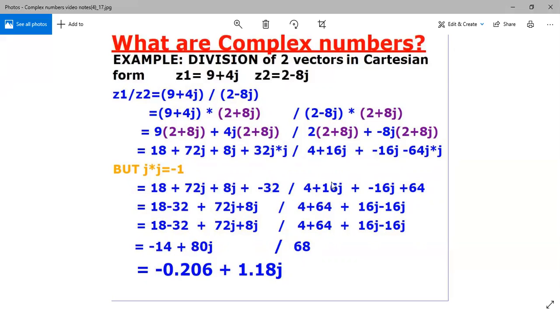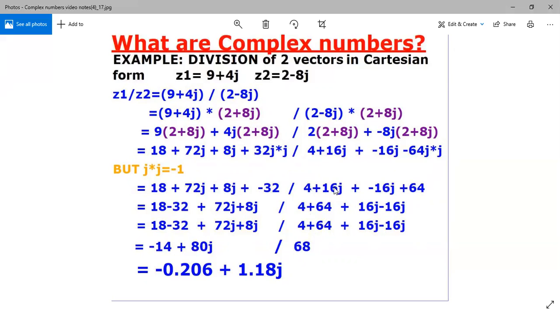On the denominator, plus 16j minus 16j cancel out to be 0. j squared is minus 1, so minus 64 times minus 1 gives us plus 64. We've got plus 64 added to 4 to give us 68 in terms of the x dimension.